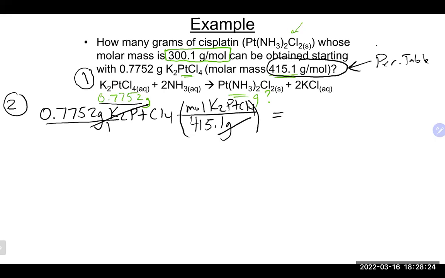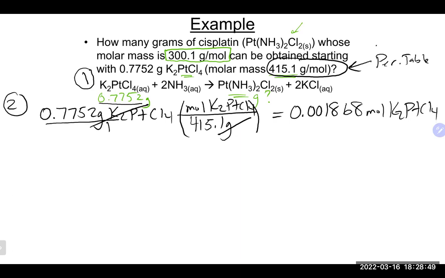And that will get us 0.7752 divided by 415.1, which gets us 0.001868 moles of our K2PtCl4.